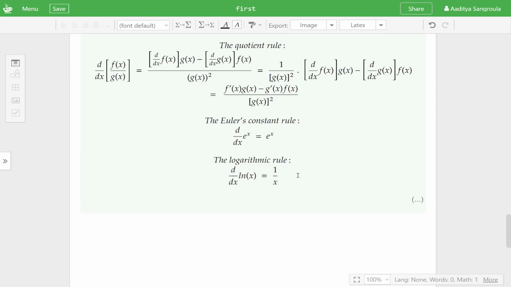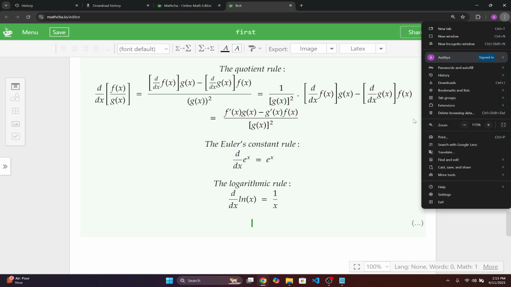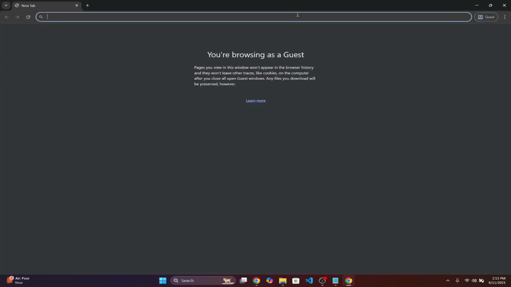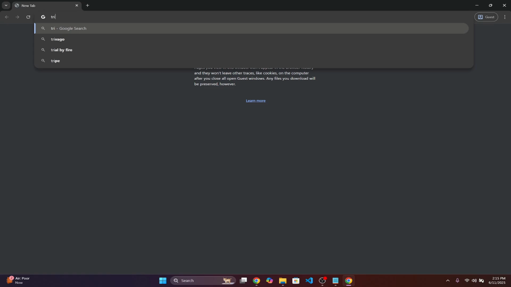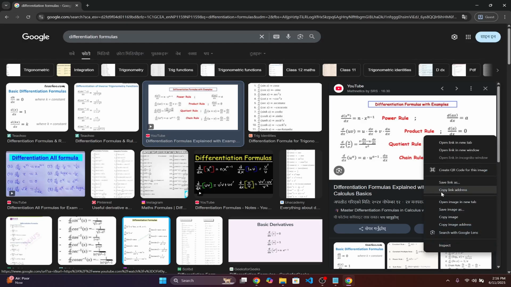Okay, I'll show you something cool. You just open up a tab in your browser, and type in differentiation formulas, and you get all the rules here. See this?